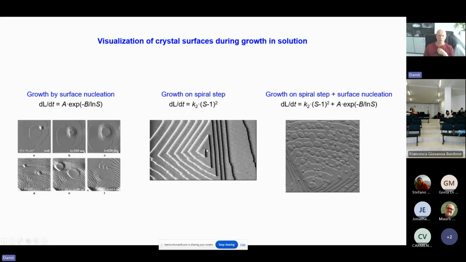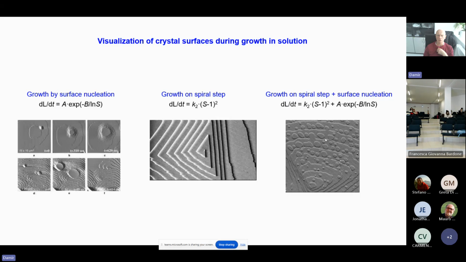Growth on a spiral step is really visual. This is the dislocation, which is a constant source of a new phase, and the steps grow in a kind of spiral. This spiral has a triangular shape. But in a real system, these two processes are going on simultaneously.